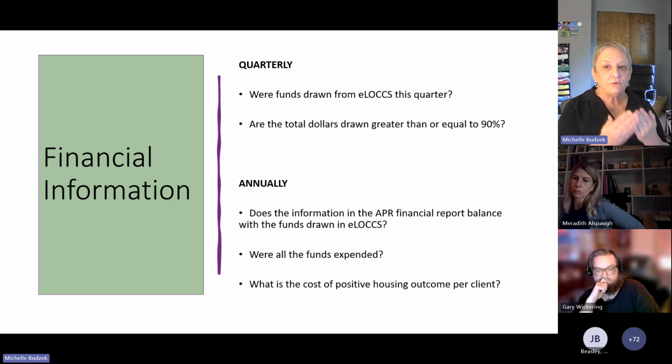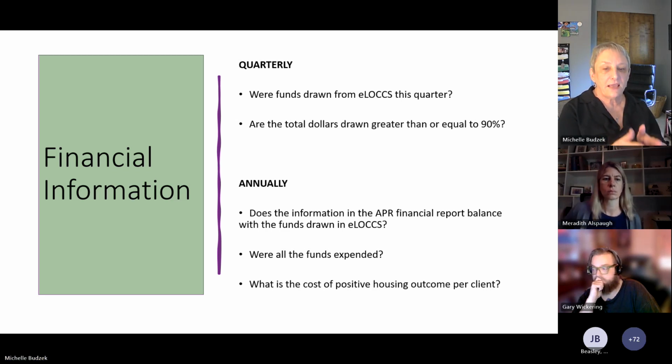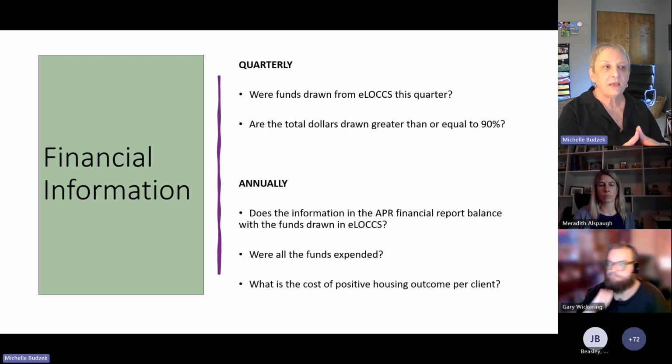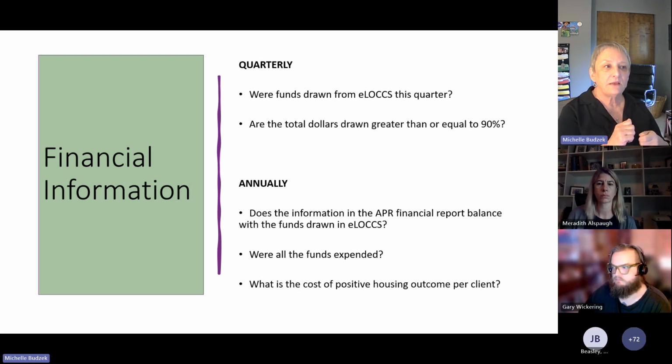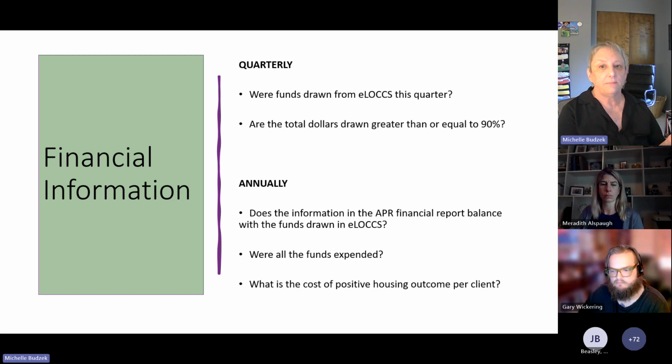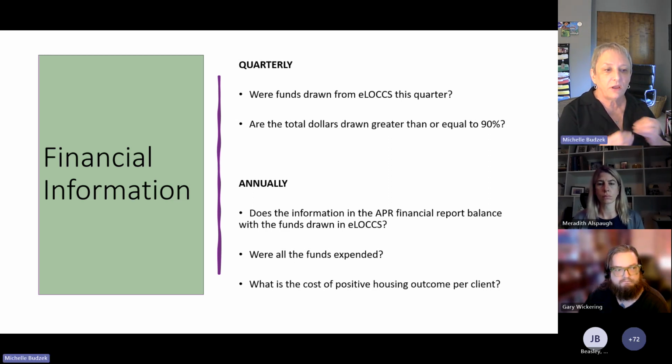So it's a really, really helpful thing if you have your financial folks take a look at that before you submit it. I can't tell you how many times the report goes in and out and back and forth because no financial person has looked at it, and the person that's filling it out didn't realize there was admin money drawn, or something different was drawn than they thought should be.